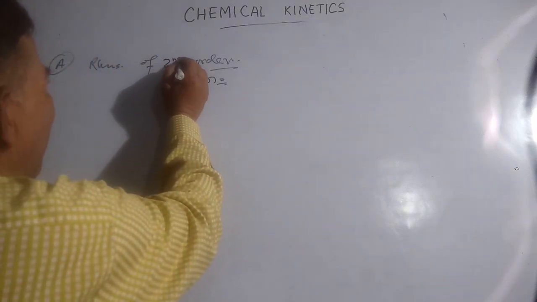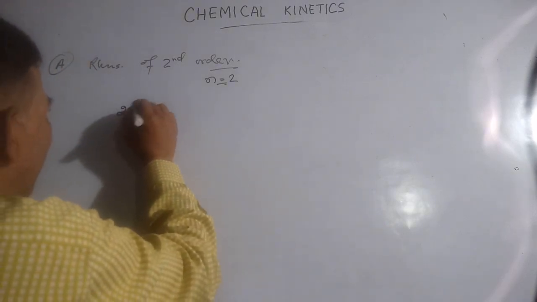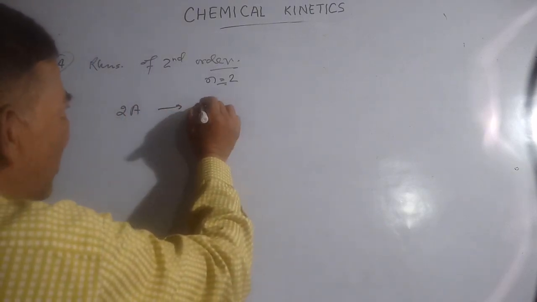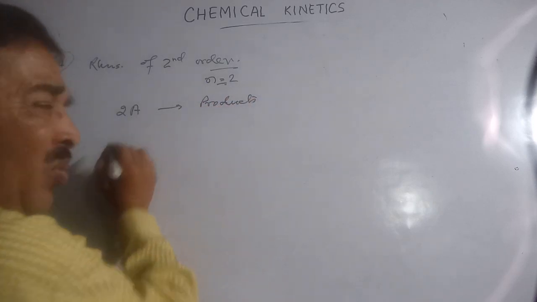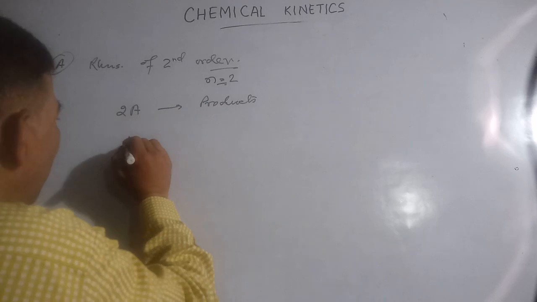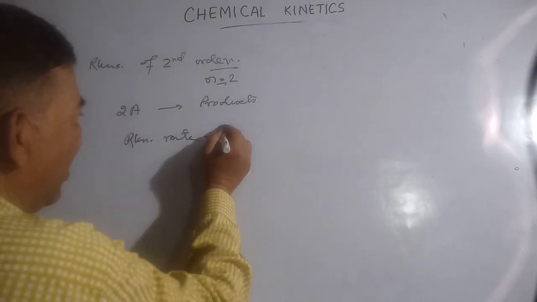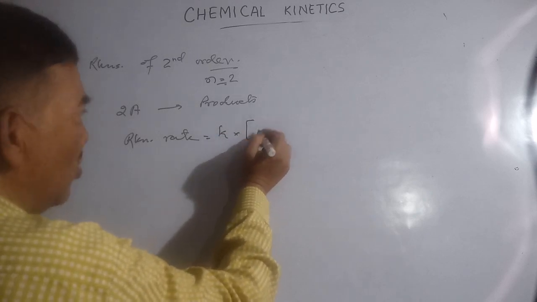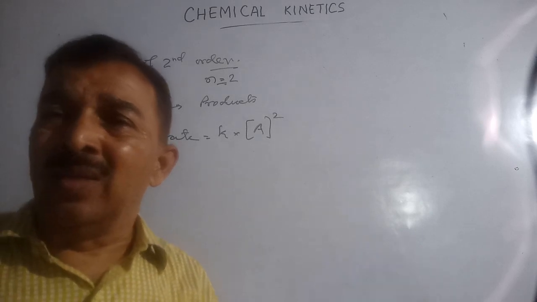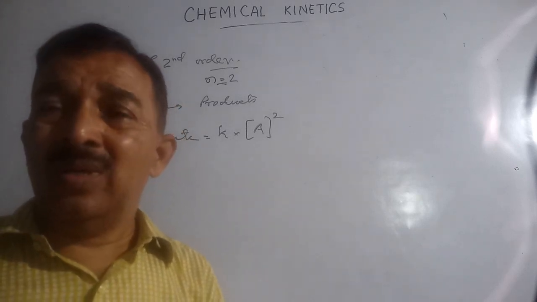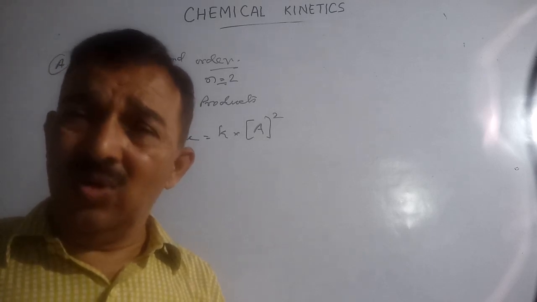Of second order, n is equal to 2. Let's take that A gives products. So as per the rate law, the reaction rate is equal to K into molar concentration of A to the power 2. Such types of reactions are said to be of order 2.